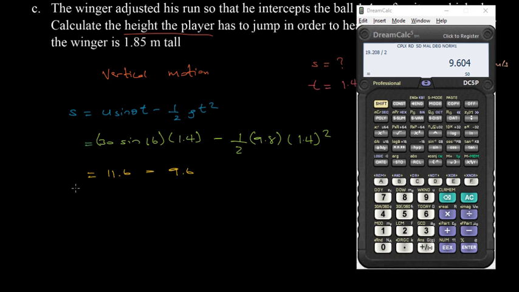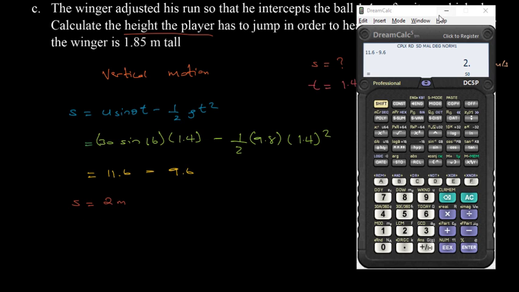So therefore S is equal to 11.6 minus 9.6, which works out to be 2 meters. So the ball will be 2 meters in the air.